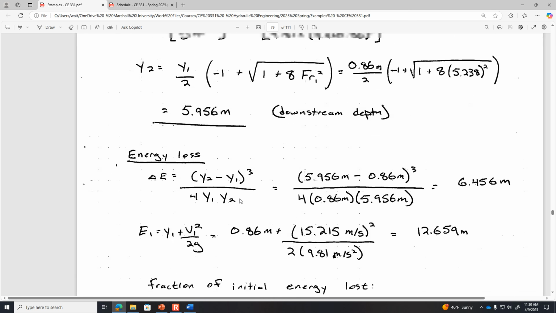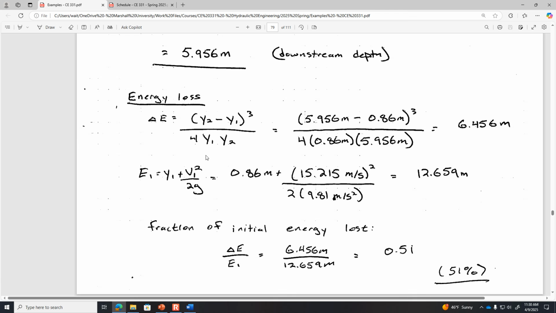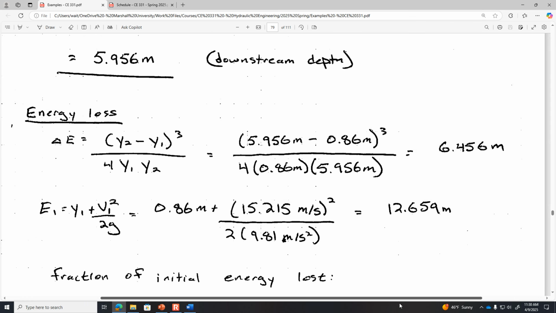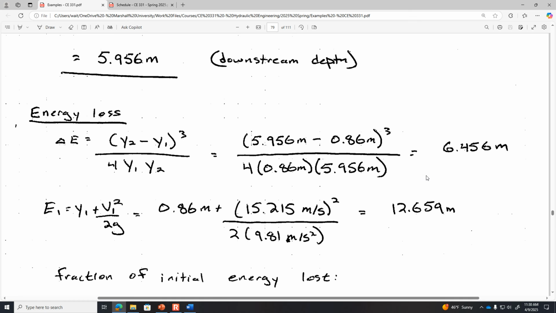So next, for determining the energy loss, we put it into this formula for delta E. And so what it tells us is that we're going to lose 6.56 meters of energy through the transition. And so we need to know how much specific energy was there originally at 1. And it's going to be the depth plus the velocity head.